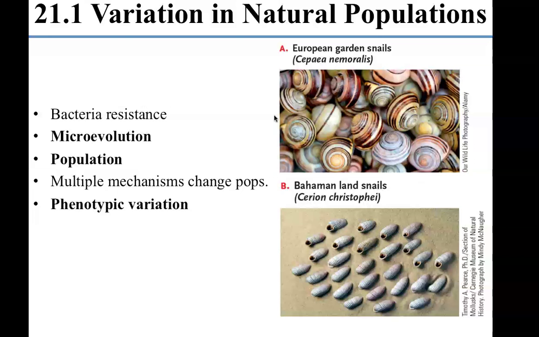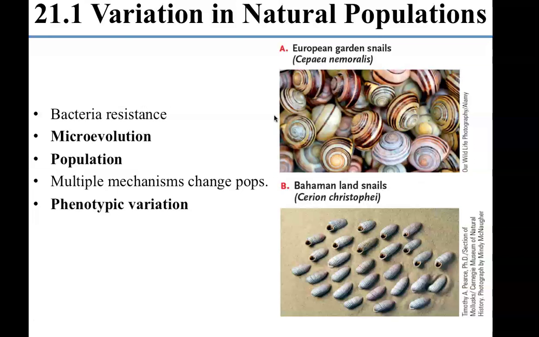In the picture, you can see examples of phenotypic variation. The top picture is European garden snails. The bottom is Bahaman land snails. In the top picture, you can see all these different color patterns, so this is an example of phenotypic variation.